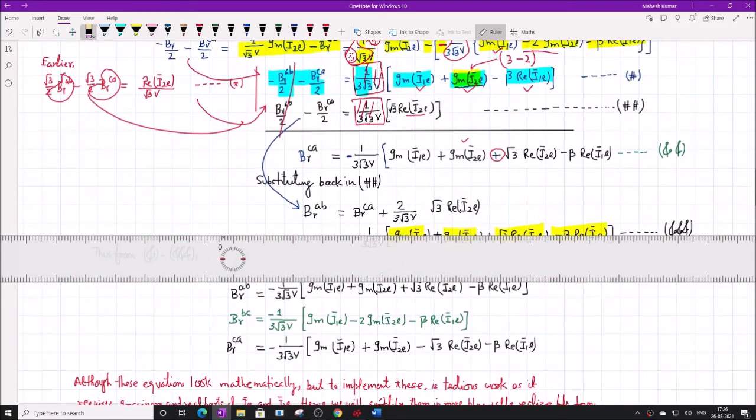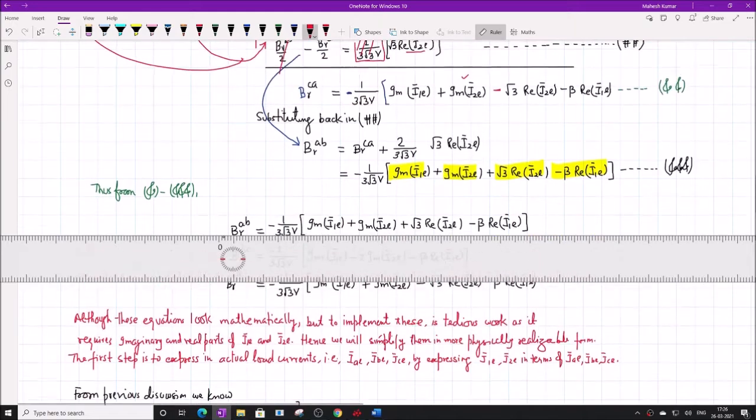So this should be negative actually, because I have taken negative common, so it becomes negative. Okay, so this is negative, this is positive. The only difference is the sign of this term between B gamma Ca and B gamma AB, this sign.